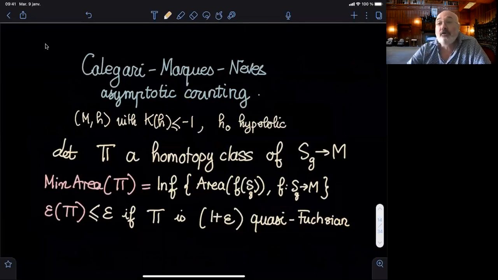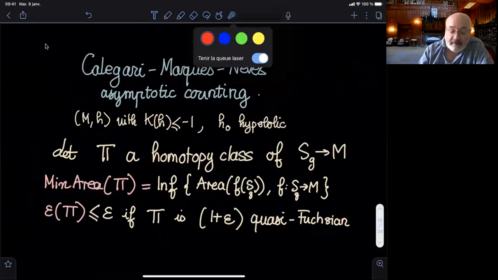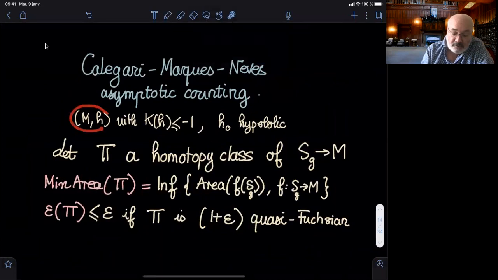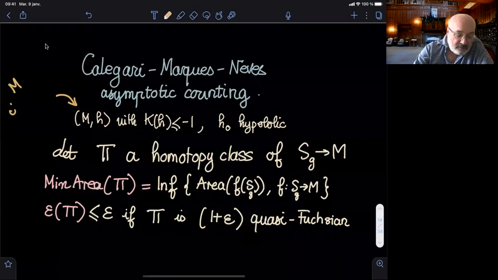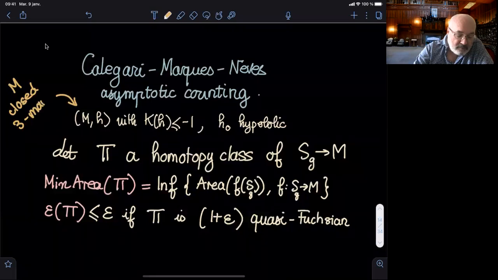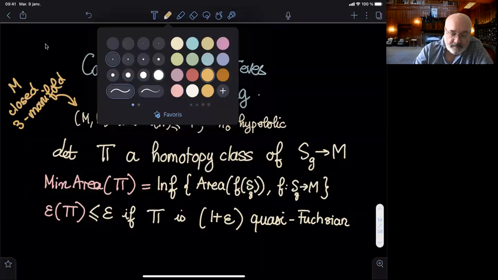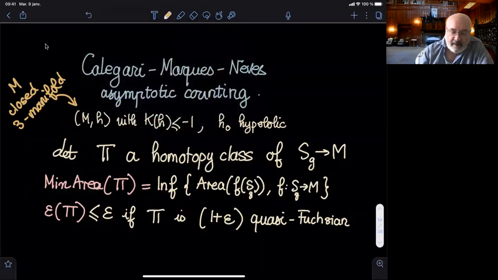Right, so let's move now to the Calegari-Marques-Neves asymptotic counting. So here is your situation. You start with a closed 3-manifold. I'm sorry, so here M is a closed 3-manifold, and it's equipped with a metric H of curvature less than -1.